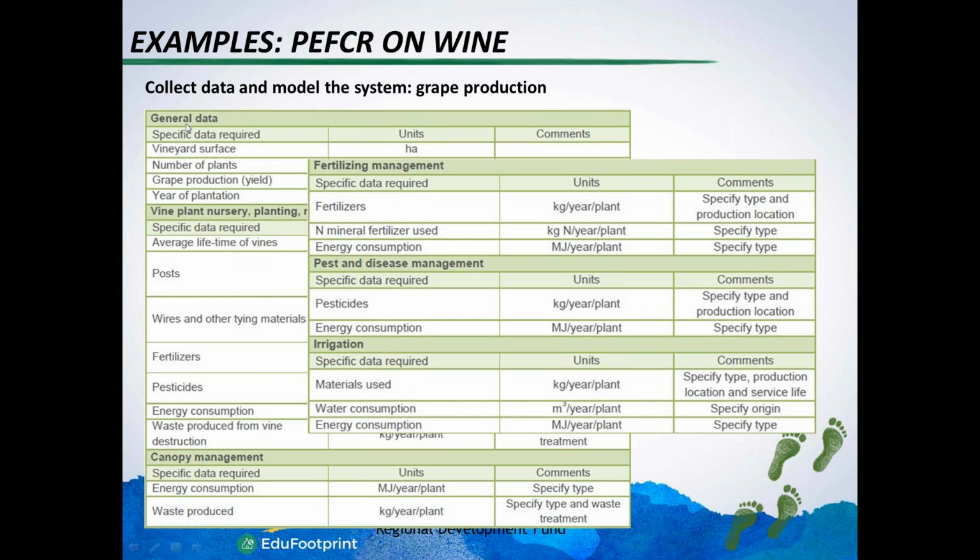And so this is general data, for example, dimension of our school, name of our school, number of students, number of staff, and something else. Then vine plants, nursery planting, all the categories and the units, the measure units, and the comments.